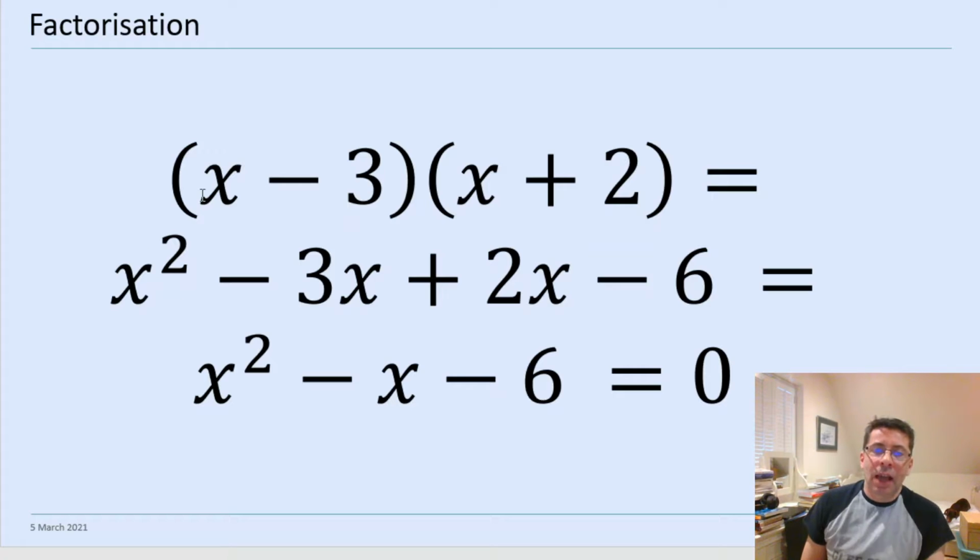So what we're doing is multiplying all 4 combinations, and we get x squared minus 3x plus 2x minus 6. Then minus 3x plus 2x just leaves us with minus x. So we get x squared minus x minus 6, which is what we're aiming for.